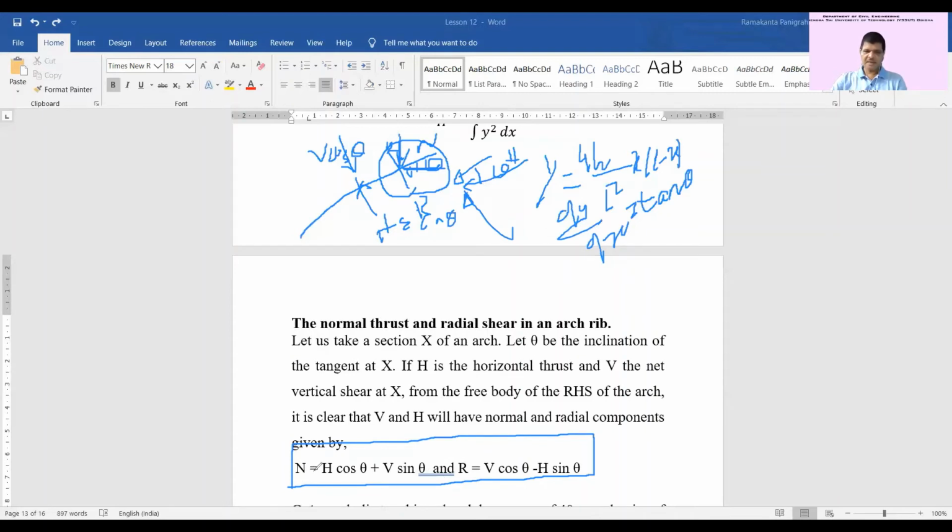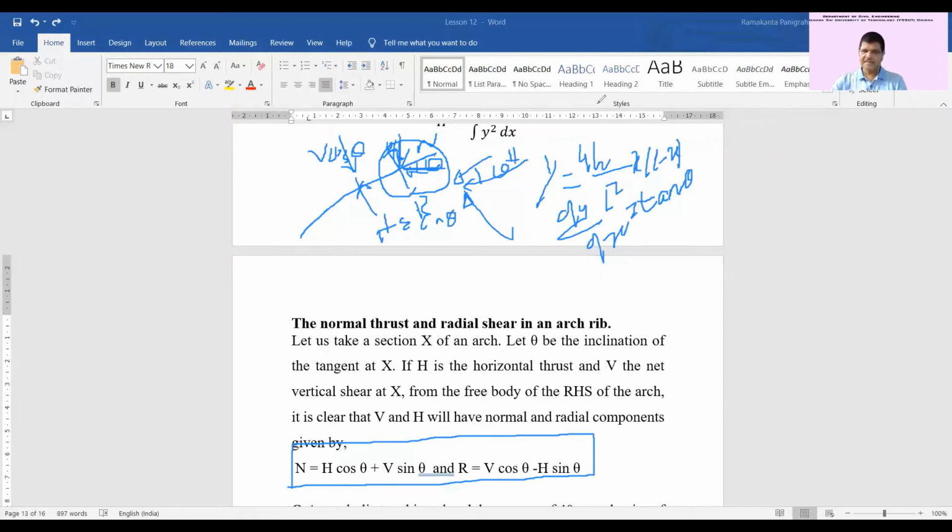Then N is equal to H cos theta plus V sin theta, and R is equal to V cos theta minus H sin theta. If you cannot remember, you can draw the curve and show this angle theta. Both components come this side, so H cos theta plus V sin theta is the normal thrust in this direction. Similarly, the radial shear in this direction will be V cos theta minus H sin theta.